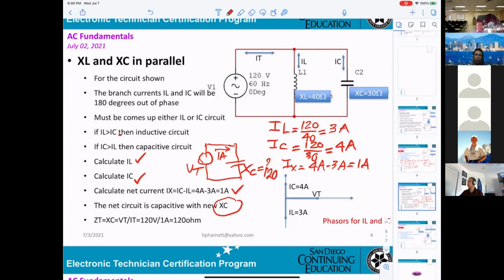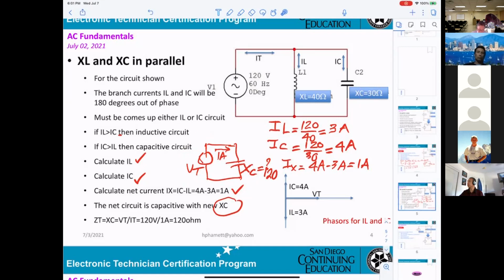If IC is greater than IL, then the new circuitry will be a capacitor. In this case, there's a capacitor right here. And the value of IC in the new circuitry is not the same as in the old one.